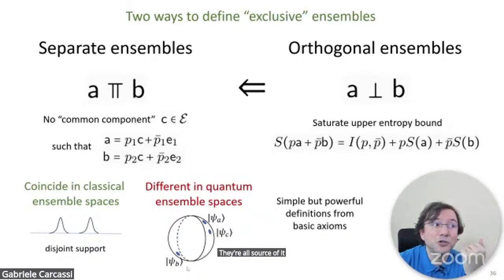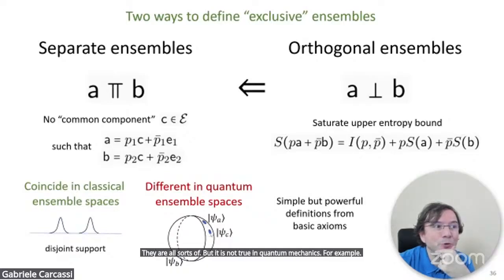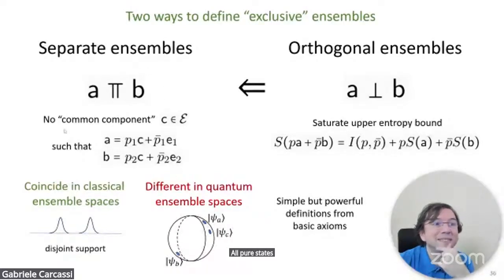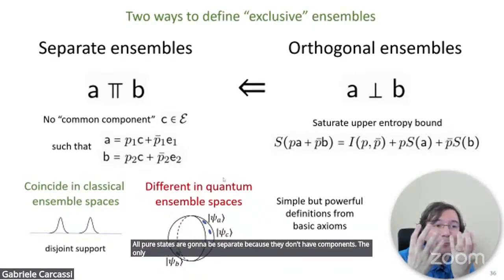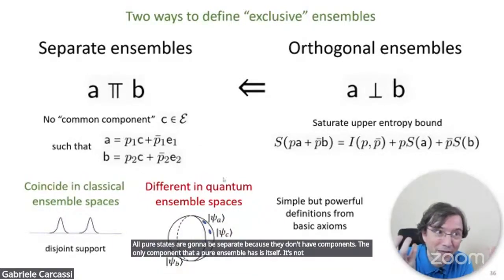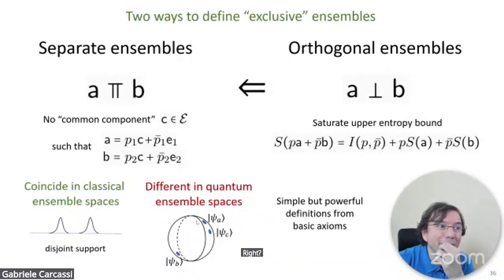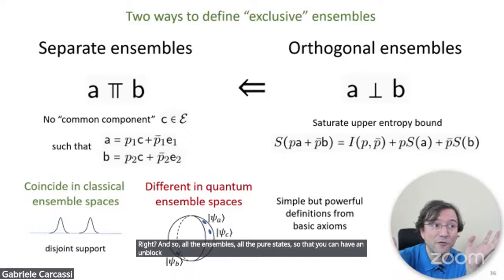But it is not true in quantum mechanics. For example, all pure states are going to be separate because they don't have components. The only component that a pure ensemble has is itself. It's not made of other things, right? And so all the pure states that you can have in a Bloch ball are all separate from each other.